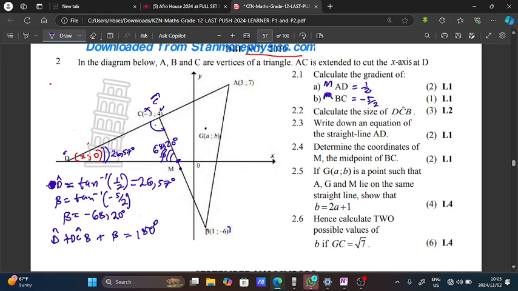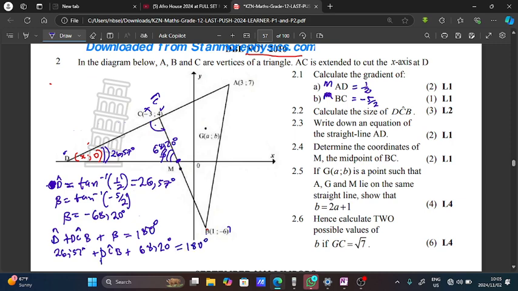Now what is angle D? 26.57 degrees plus angle DCB, which is what they are looking for, plus angle beta, 68.20 degrees, equals 108 degrees.